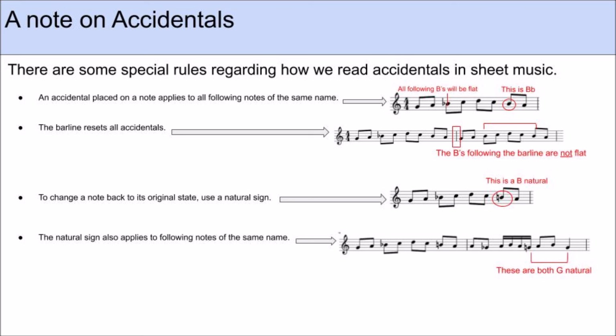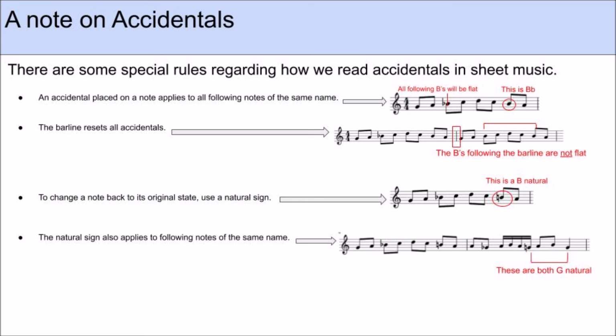You will only use natural signs if you are trying to override a previous accidental in a measure. You would not use a natural sign if there was no other indication that a note should be anything other than natural. The natural sign also uses the rule that following notes of the same name will have the same application.